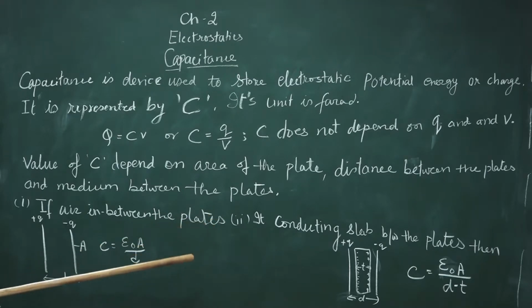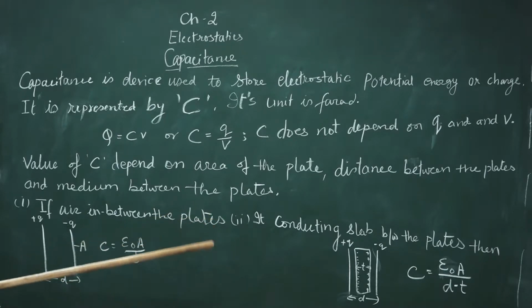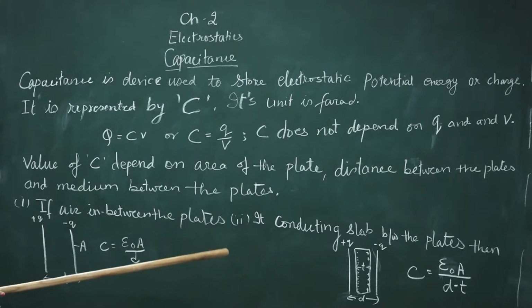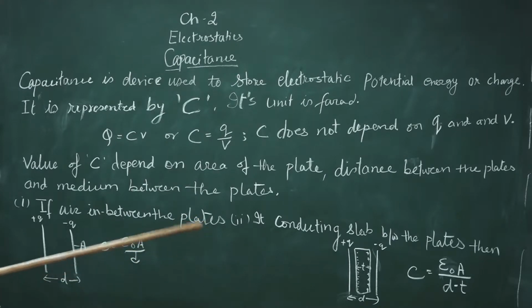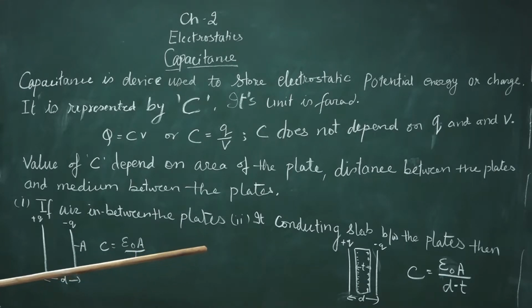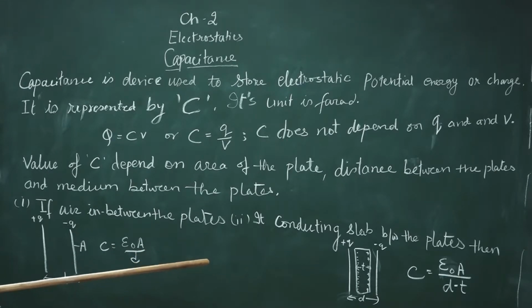All negative charges will come towards the positive and all positive will go towards the negative. So it will create an electric field opposite to the electric field in between the plates. So the net electric field in the slab is equal to 0. So we can say that C is equal to epsilon naught A upon D minus T.